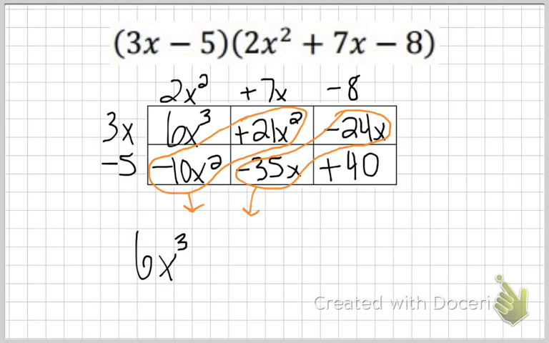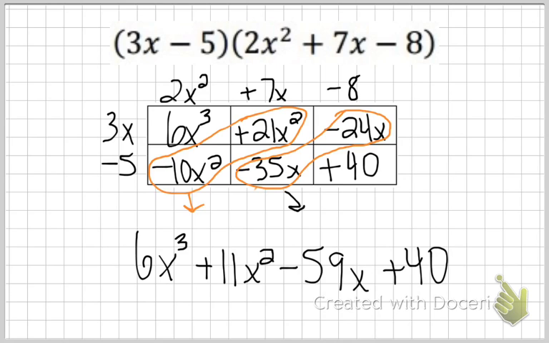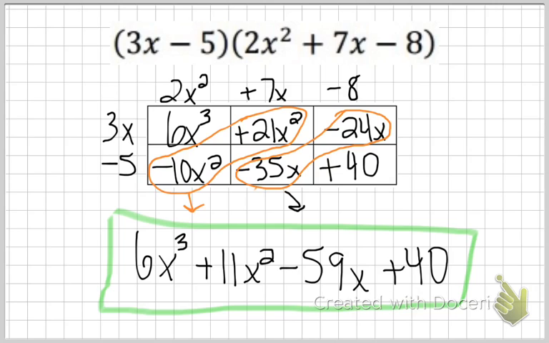Then we combine negative 10 plus 21, and that gives us a positive 11x squared. Then we combine the negative 35 with the minus 24, and that gives us a negative 59x, and then finally we have our 40. It is in standard form. We have the highest power, and as you can see, it's in descending order. This is our simplified answer. And I was wrong, this is not an example that we did. This one's slightly different. So I hope this helps you understand.